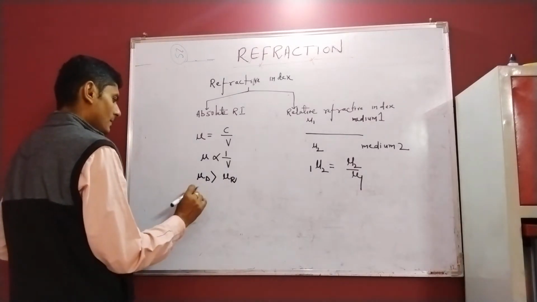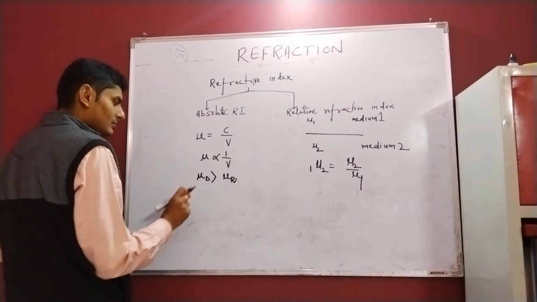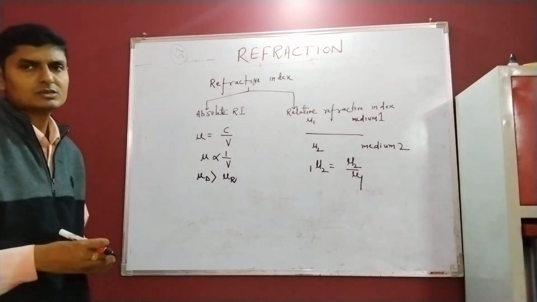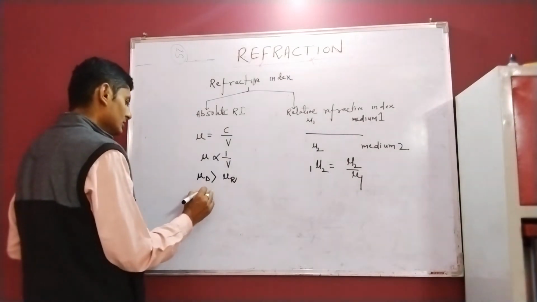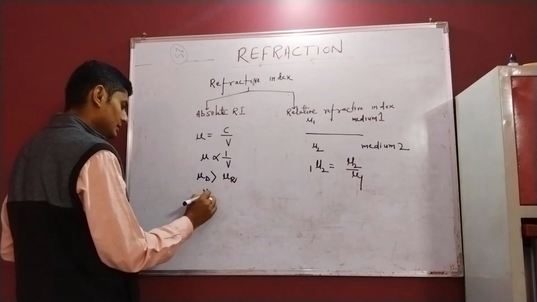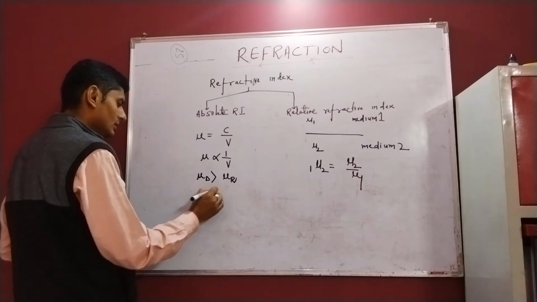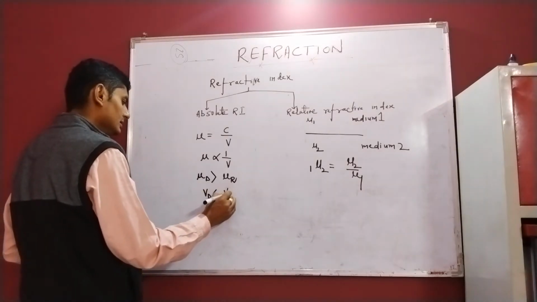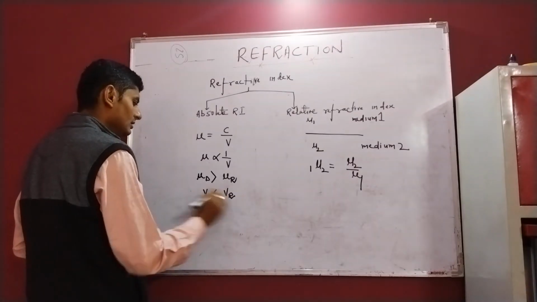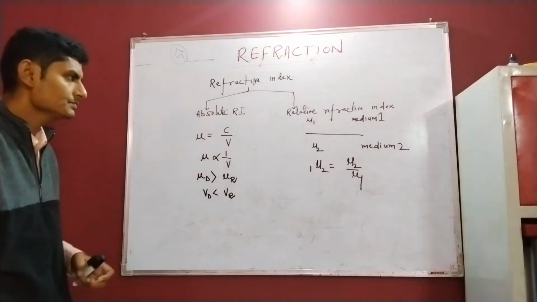So of course, in denser medium, the speed of light becomes less; the speed in denser medium will be lesser than the speed in rarer medium. Okay.